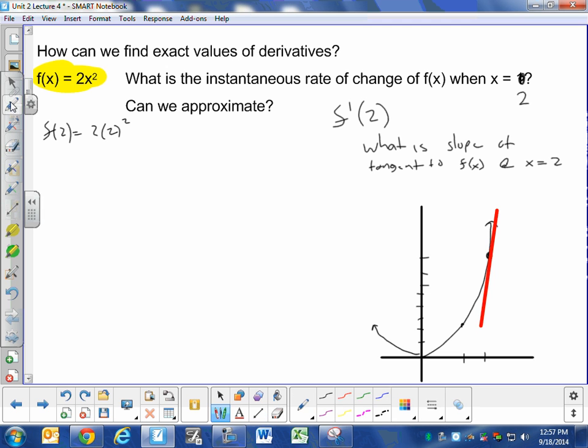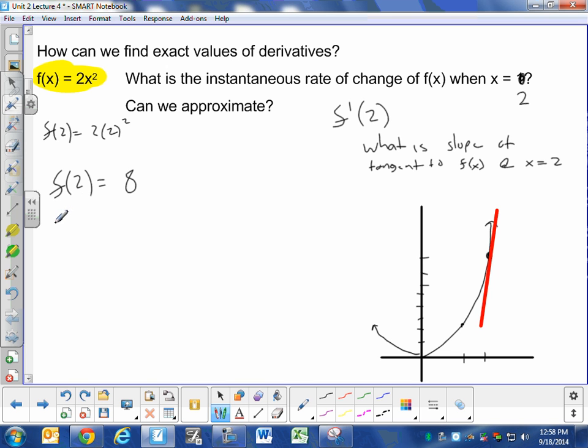I can say, well, let's take a value at 1.999 and let's take a value of 2.001. You know what? I'm actually not even going to do 1.999. I'm just going to use my value at 2 because I already have it. I know f of 2 is 8. And I'm going to use a value just a little bit to the right of 2 because essentially it'll still kind of be infinitely close and it still will be telling me what I'm doing. But that is exactly the right idea.